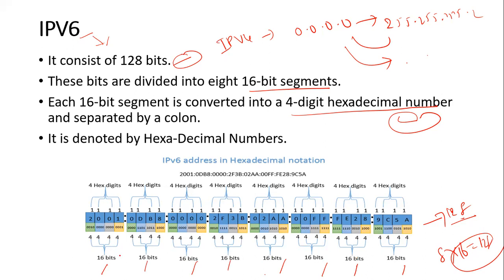Each segment has 16 bits. IPv6 segments are separated by a colon, whereas in IPv4 we separate each 8 bits with a dot. In IPv6 we use a colon as the separator.